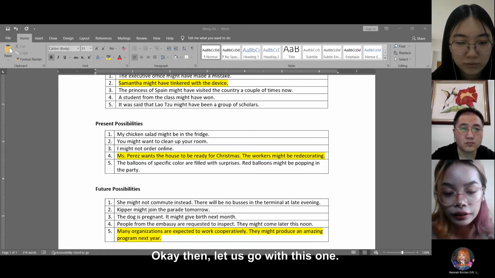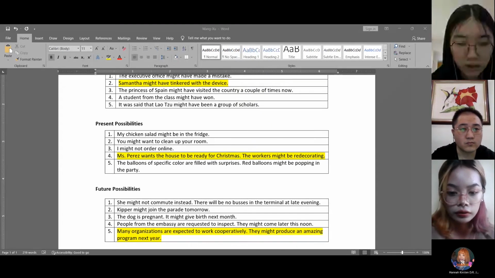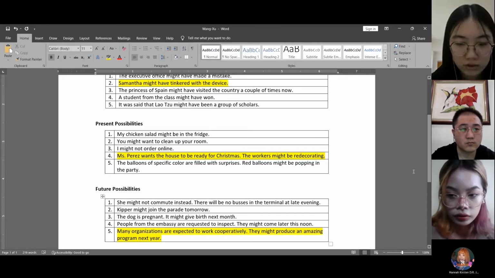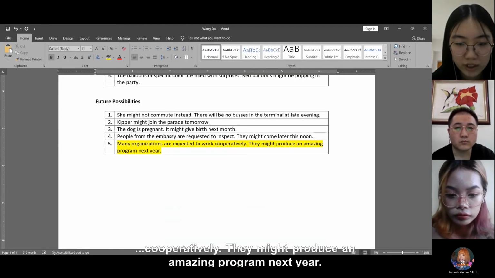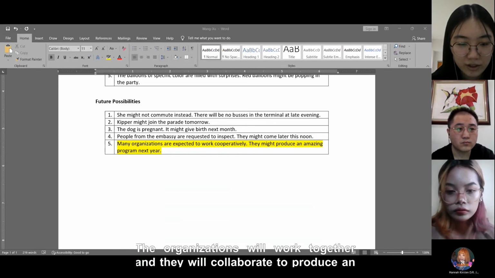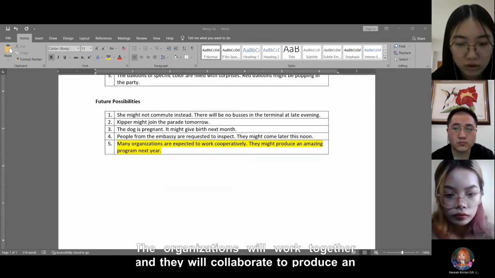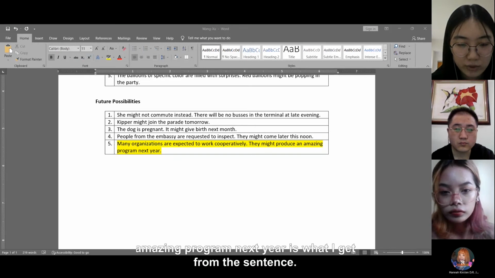Okay, then let us go with this one. Musicians might work together, and they might collaborate to produce an amazing program next year. That is what I get from the sentence.